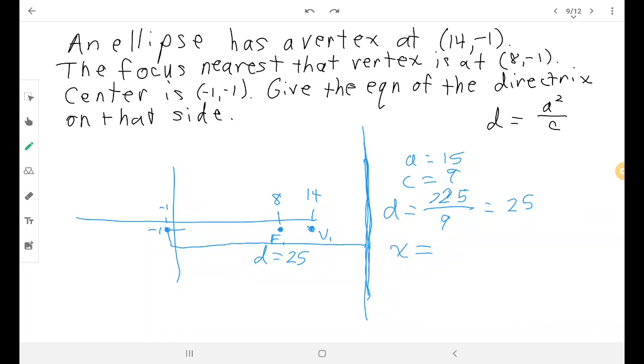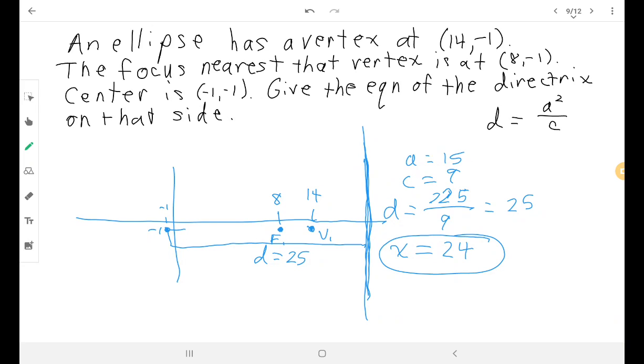but what x value it would be at is actually 24, because for a distance of 25 you have to travel 24 to the 0 and then 1 more to -1. So x equals 24 is the equation of the directrix on that side.